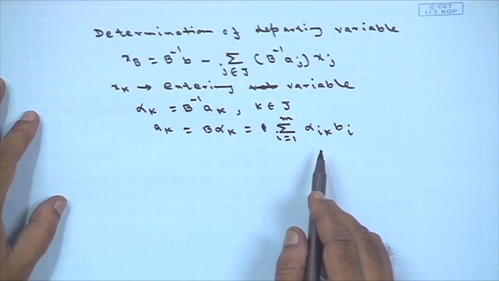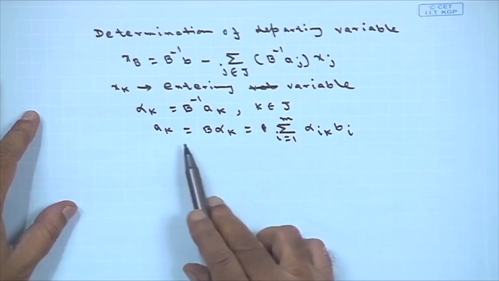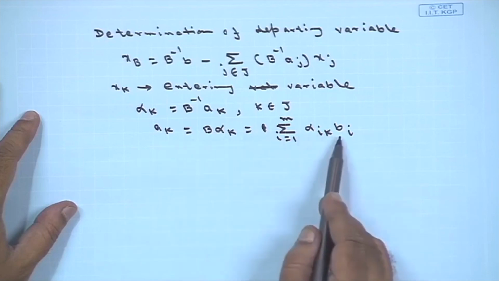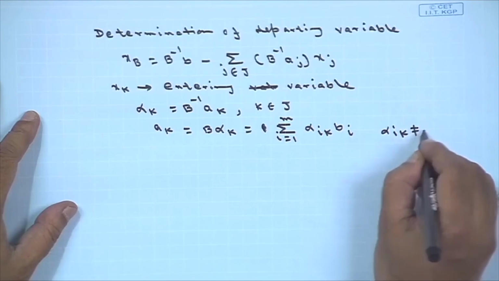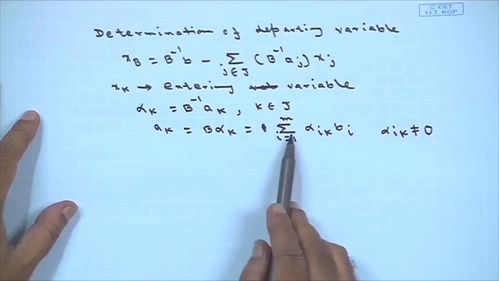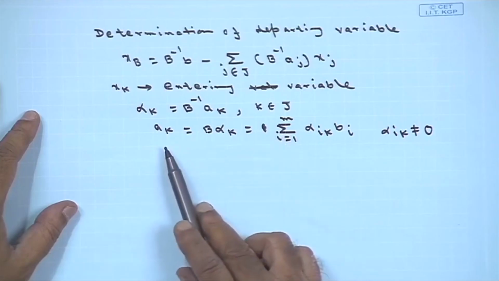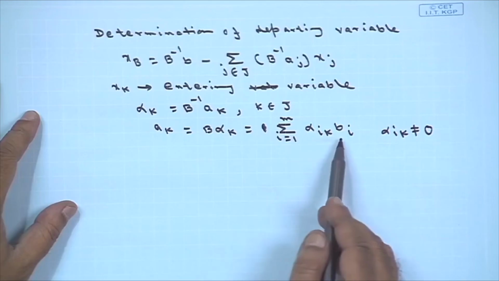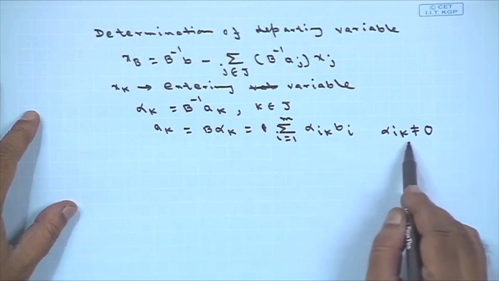So, by the replacement theorem of linear algebra, we can say that ak can be replaced by any bi provided alpha ik is not equal to 0.